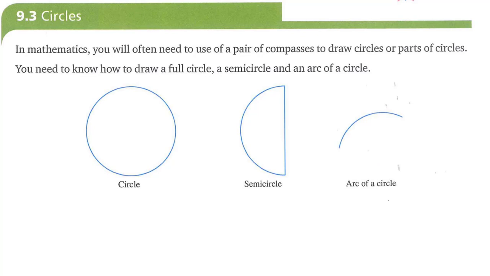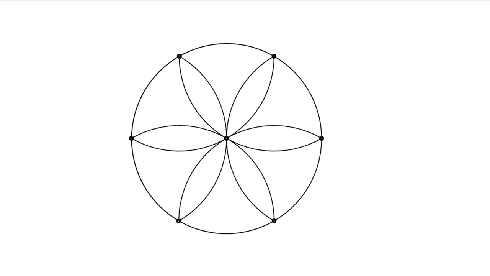Let's go and solve some exercises. The first exercise that we're going to solve for today is drawing this shape. All right, how can we draw this shape? So here we start from the beginning. We will start by drawing a circle.